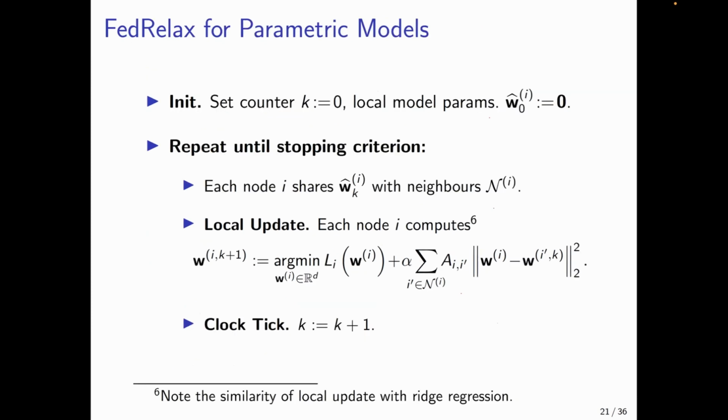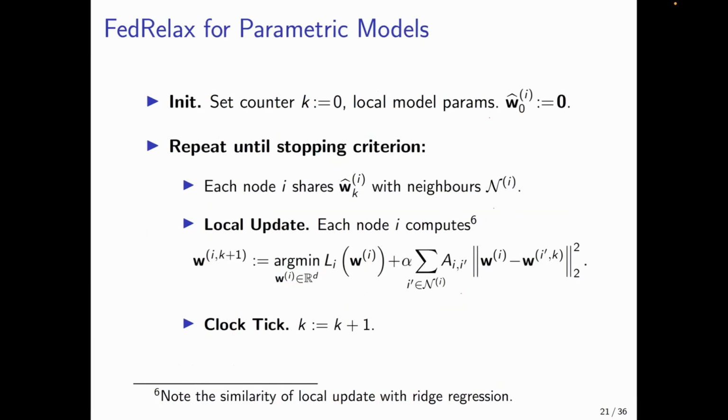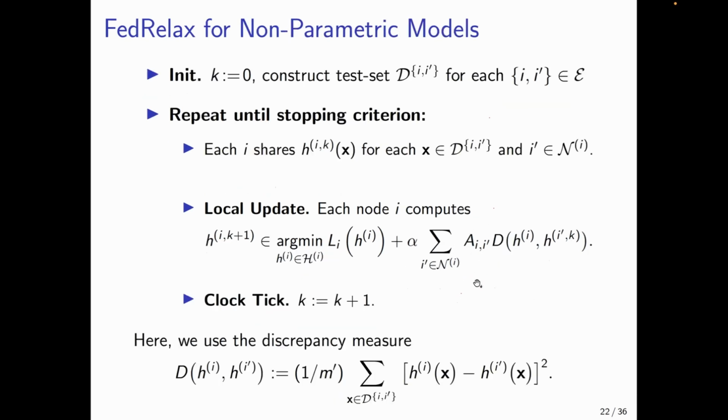Okay, and I just want to point out that this FedRelax allows very naturally to generalize to non-parametric models. As I said, we just need a way to reformulate this penalty term, this variation term, for non-parametric models.